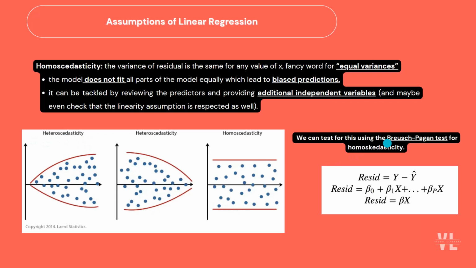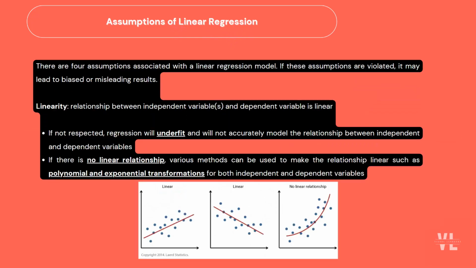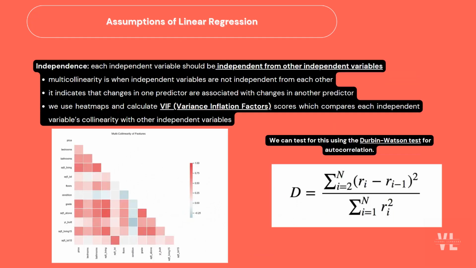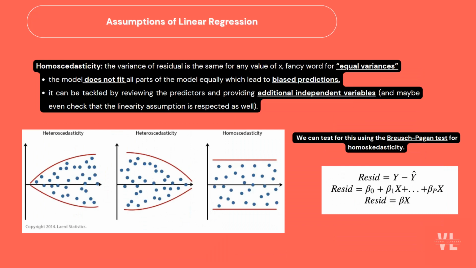We can use a test known as Breusch-Pagan for testing the homoscedasticity of the data distribution before we use the linear regression model. So basically we need to consider around 4 assumptions, which are linearity, normality, independence, and homoscedasticity, before we use a linear regression model.